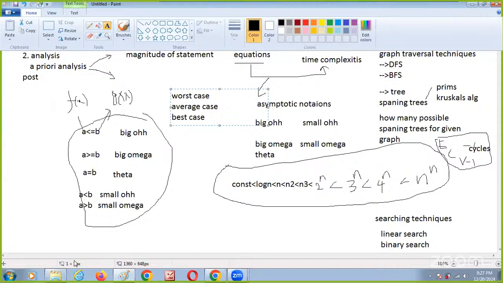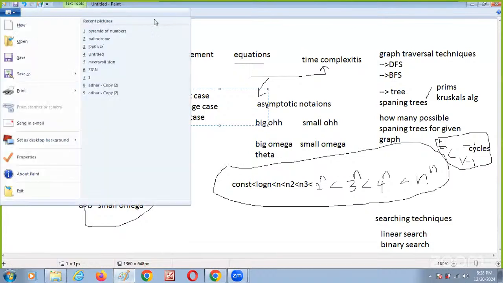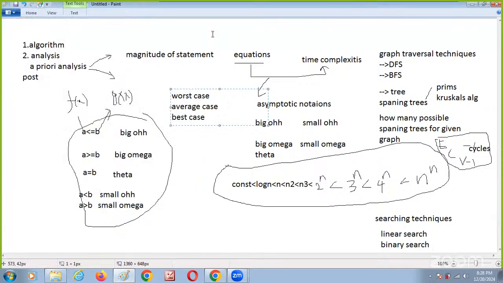Now later, the main part of the subject, some more important thing is, we have to divide the problems actually. Let me go through all the topics.